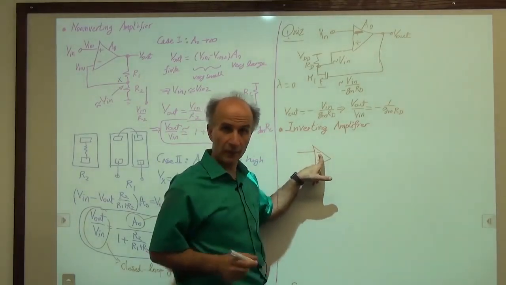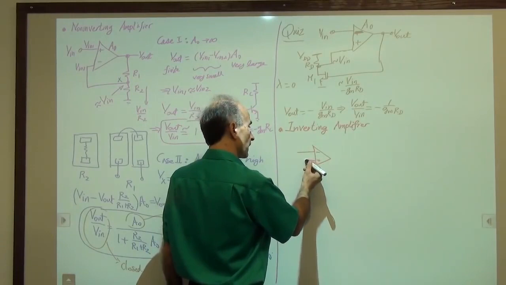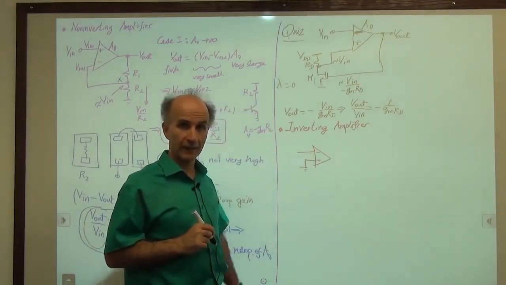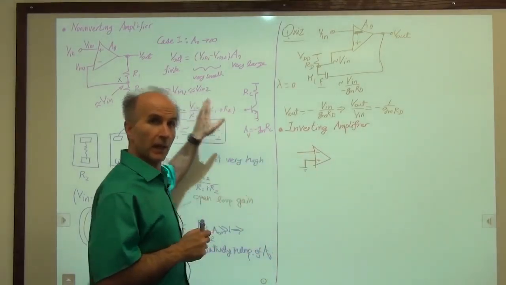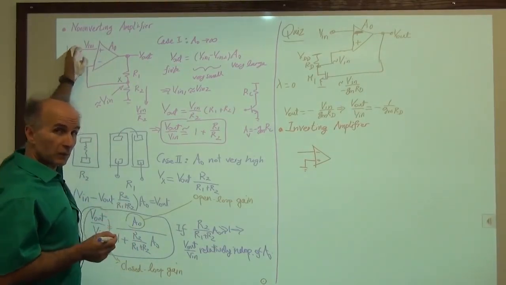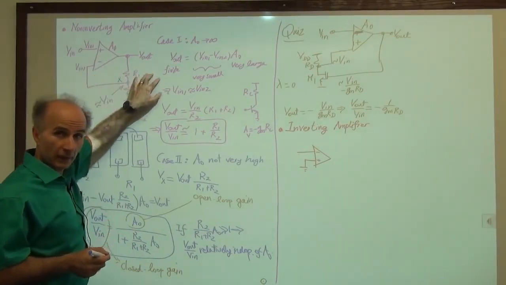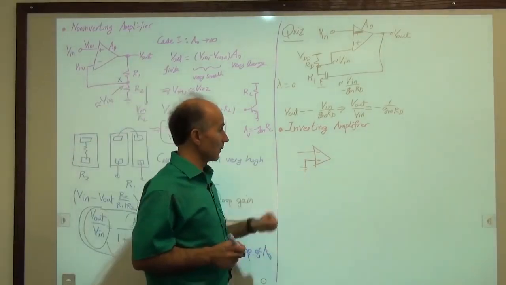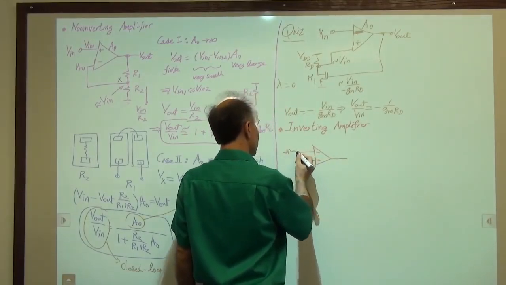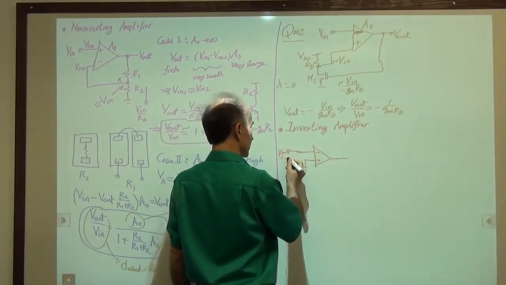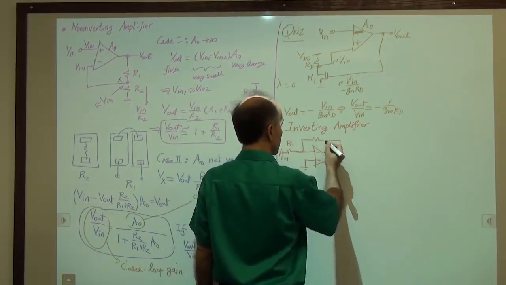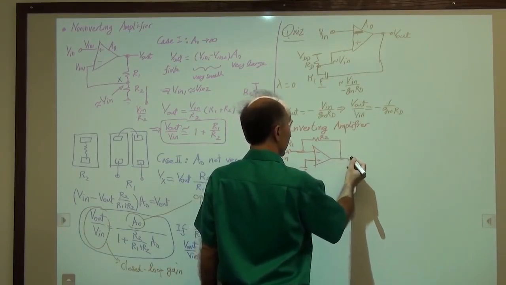Doesn't have to be, but just for simplicity. And we ground the non-inverting input. So that's a clear distinction between this amplifier and this amplifier. Here, neither of the inputs was grounded or close to ground. This goes up and down, this goes up and down, the output goes up and down. But here we have that. And then we apply a voltage at the input through a resistor, call that R1, and then another one here, call that R2, and this is the output.